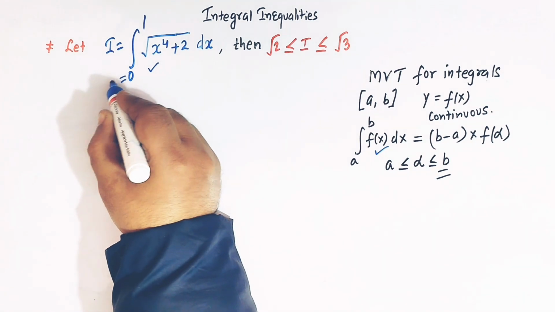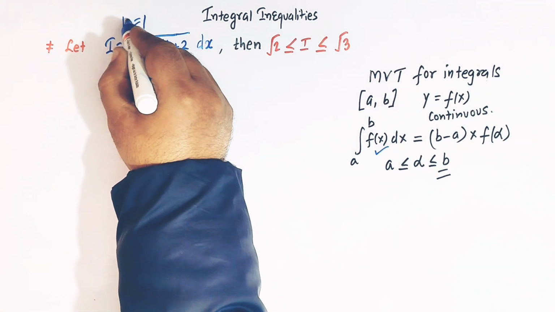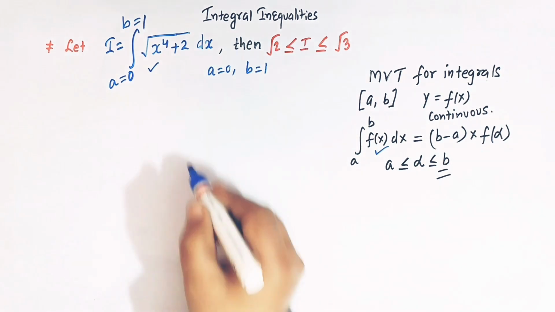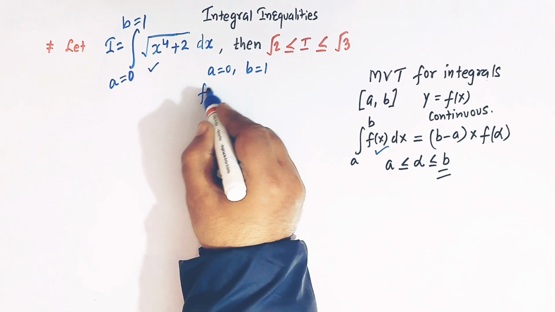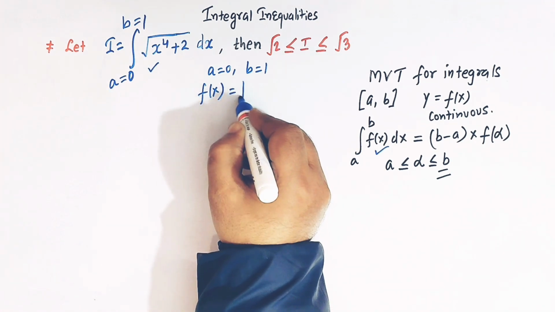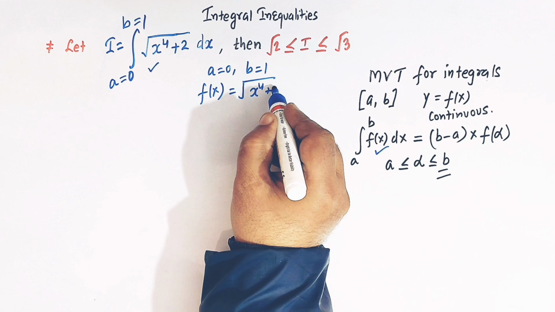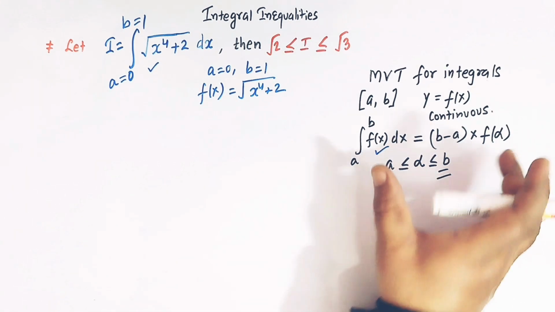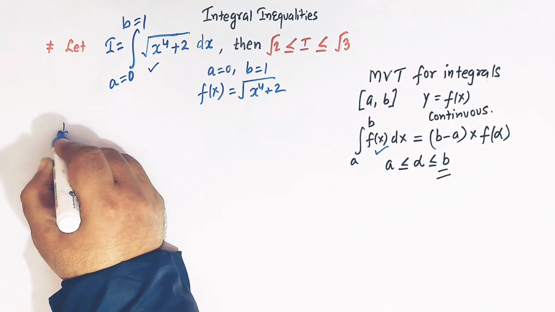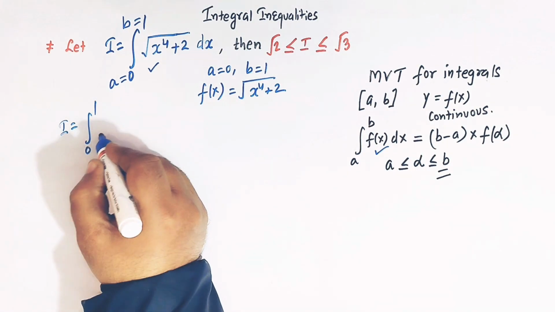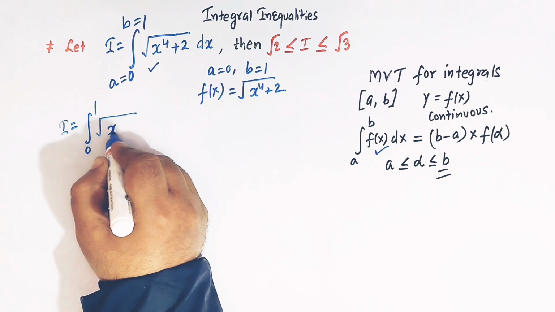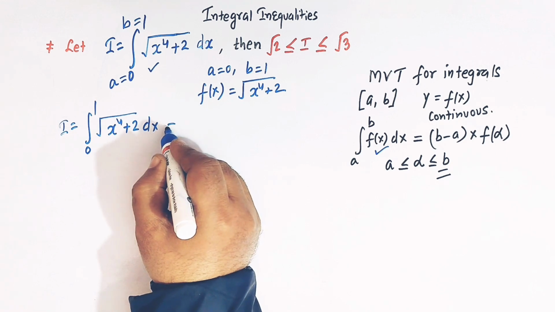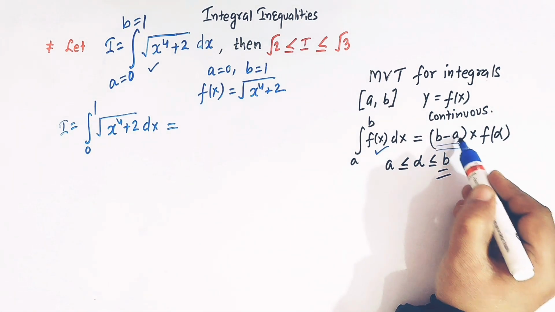So now if we compare this integral with this one, then we can see that the value of a is 0 and the value of b is 1, right? A is 0, b is equal to 1, and f of x is given by square root of x raised to 4 plus 2, right? So using this result, we can now write this integral I, that is 0 to 1 square root of x raised to 4 plus 2 dx is equal to b minus a, right?